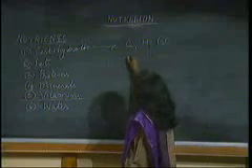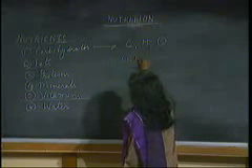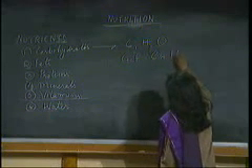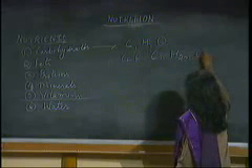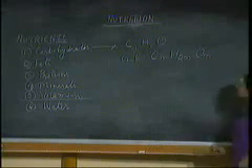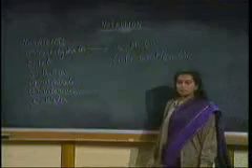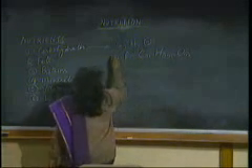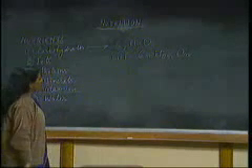We represent carbohydrates by the general formula CnH2nOn, where n is any number, and these carbohydrates are further classified. Before we study the classification, we should know about the functions of carbohydrates.